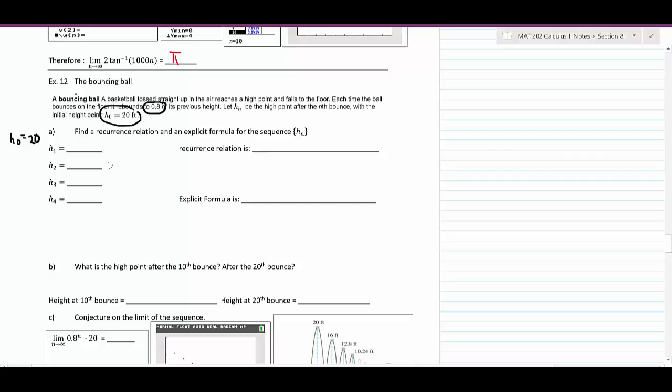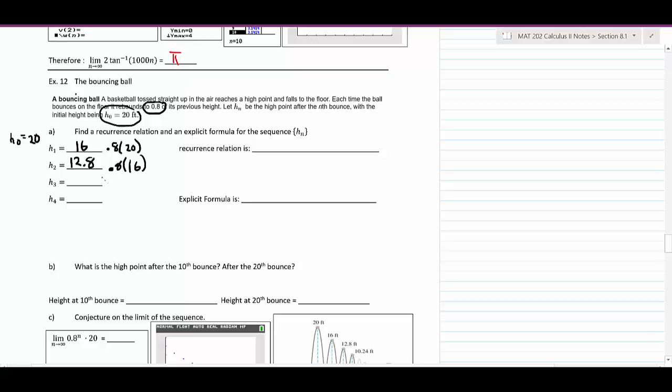So what you basically do, according to this problem, is on the second bounce, you're just doing 0.8 times 20, and then you're just working that out, which I think is 16. And you'll start getting into some decimals on this. Now, what I'm going to do is write this a little bit differently. Let's do it this way first of all, 0.8 times 16, and you can work that out. Some of these I've already worked out on the calculator, so I don't want to take the time to do that.